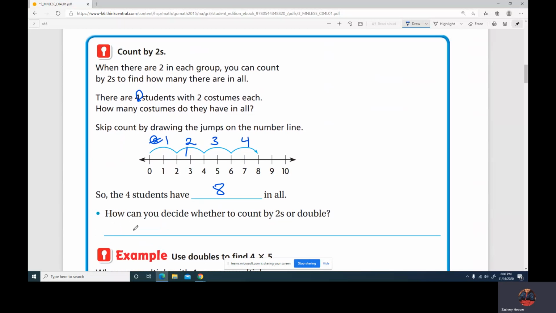So how can you decide whether to count by 2s or double? Right here, I would just put: I can decide by which way works for me.